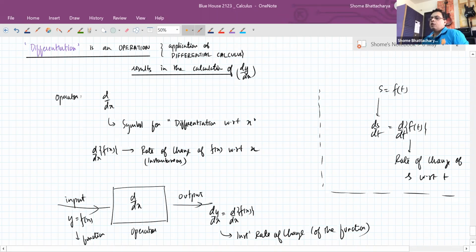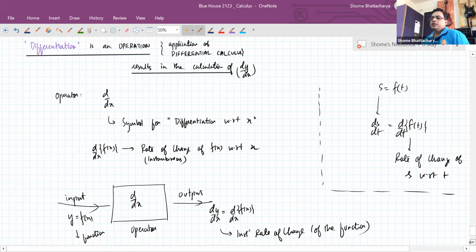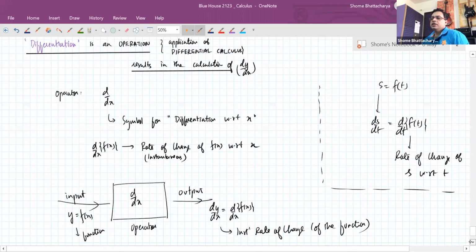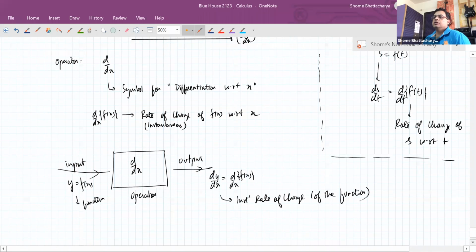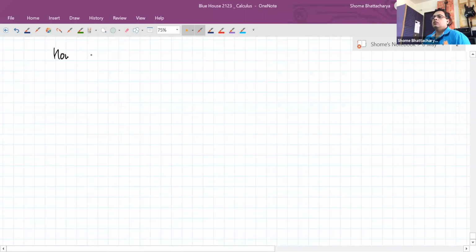Okay, now how exactly does this calculate the instantaneous rate of change? It calculates from that algebraic definition. So how does differentiation of a function actually work?